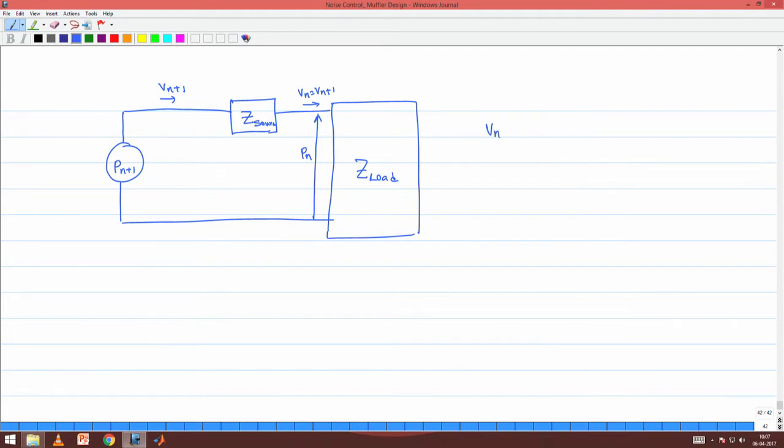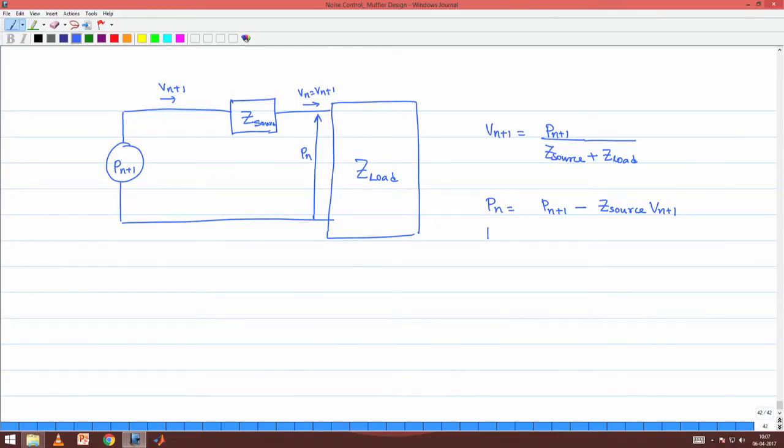Firstly, we understand that the current flowing through the circuit, V n plus 1, is P n plus 1 divided by Z source plus Z load, right. Therefore, P n is P n plus 1 minus Z source into V n plus 1, which is also equal to V n, because between the input and the output terminals of the source impedance there is no fall in current; that source impedance is in line, it is not in the shunt position.